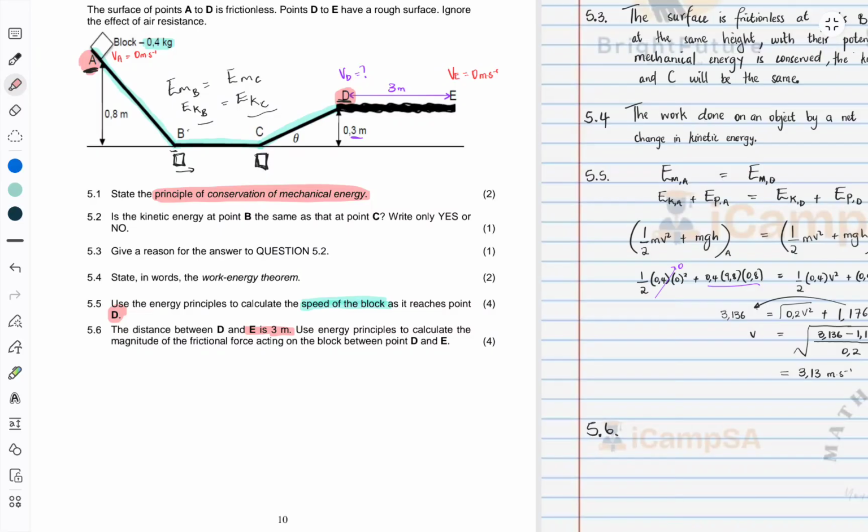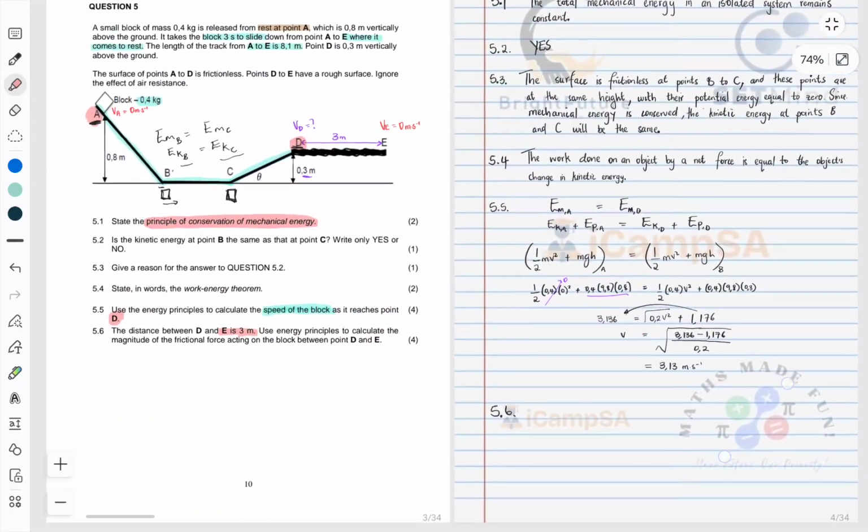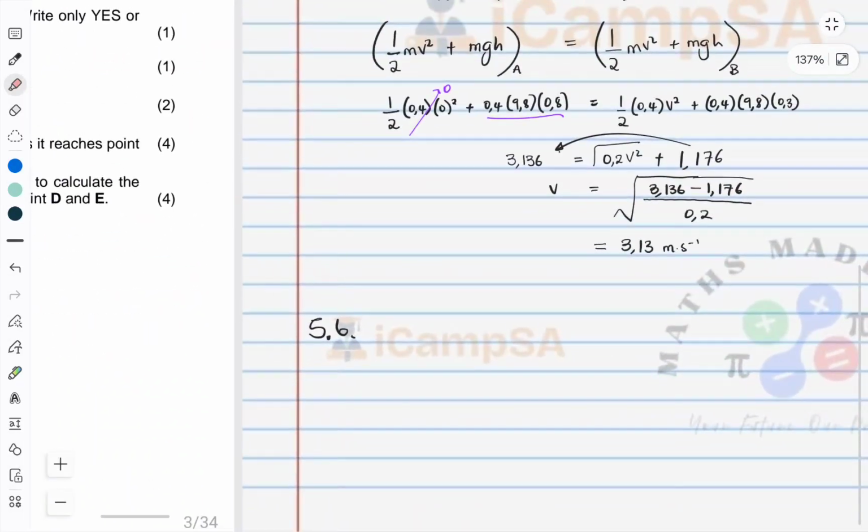The principle of conservation of mechanical energy only works when there's no air resistance and no friction, while the work energy theorem works pretty much everywhere. Those are the limitations of the conservation of mechanical energy.